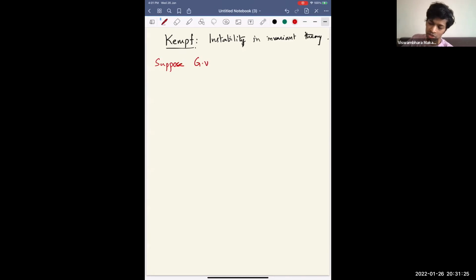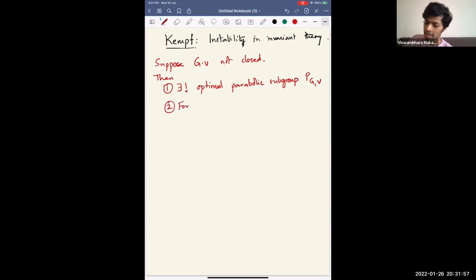So here's the gist of the paper, or at least the gist that I'm going to use. Suppose the orbit is not closed. Then Kempf tells you that there exists a unique optimal parabolic subgroup, called P(v). I will explain all of these words in the case of SL_n, because that's the best way to see it. There's something unique about this and something optimal about it.